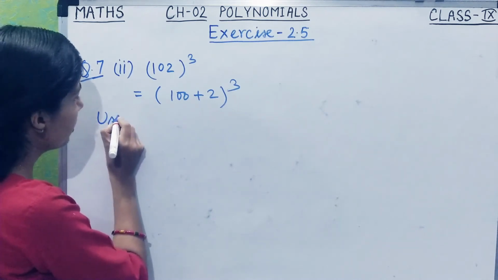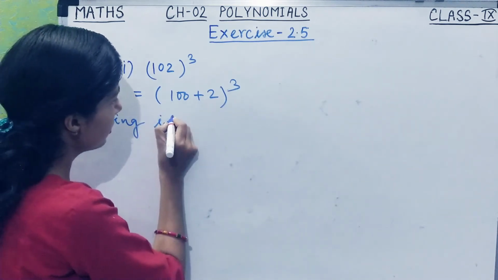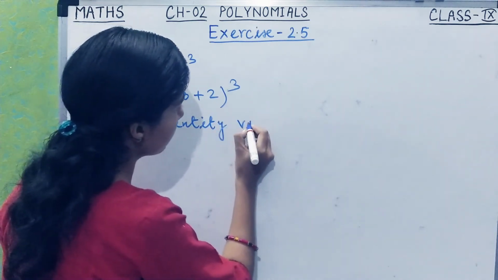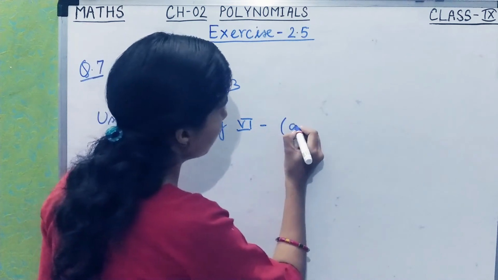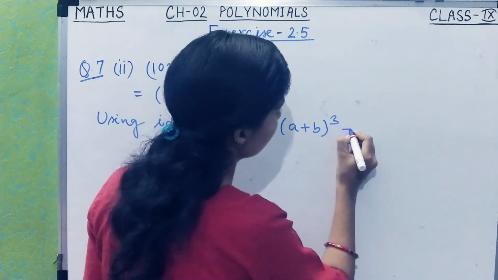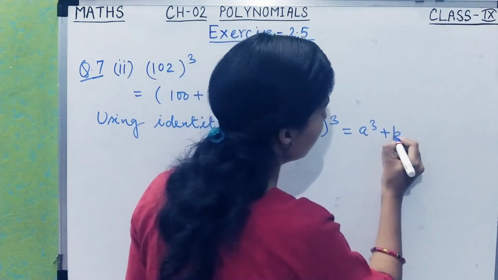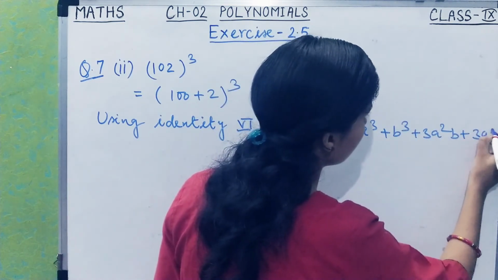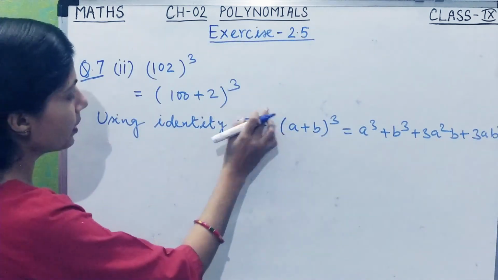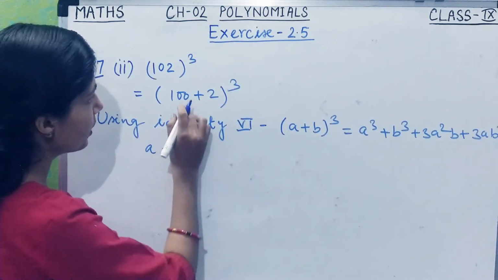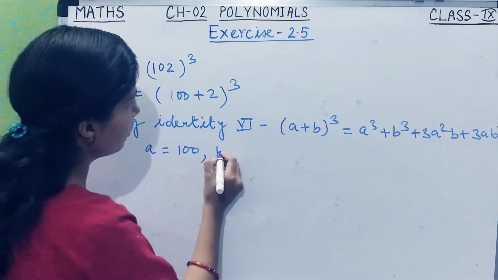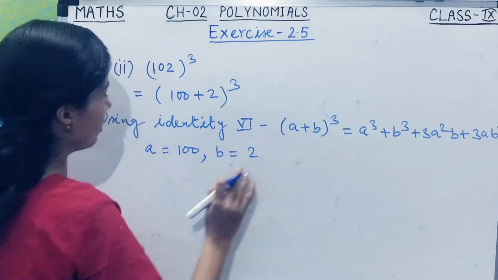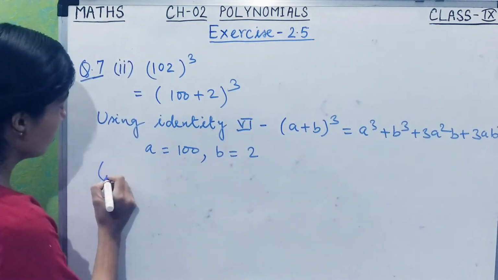So using identity 6, that is a plus b whole cube, it is equal to a cube plus b cube plus 3a square b plus 3ab square. So on comparing, we are getting here the value of a as 100 and value of b as 2.